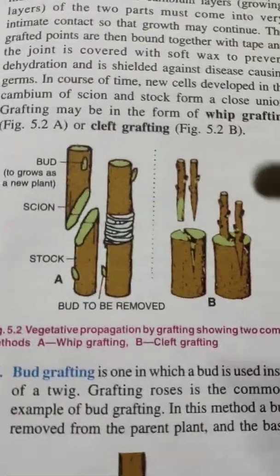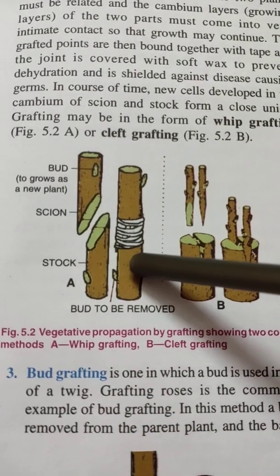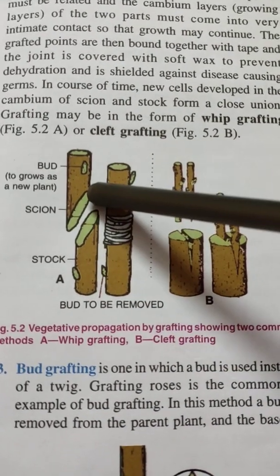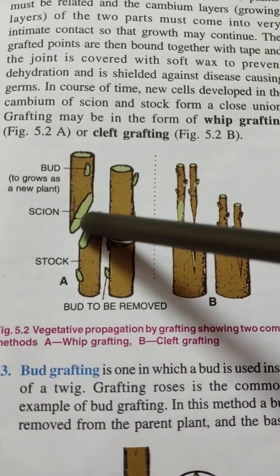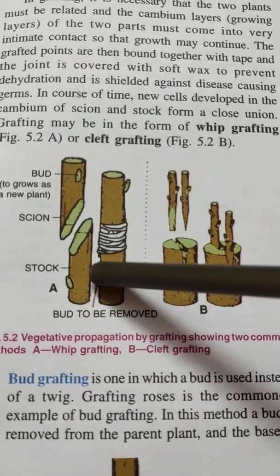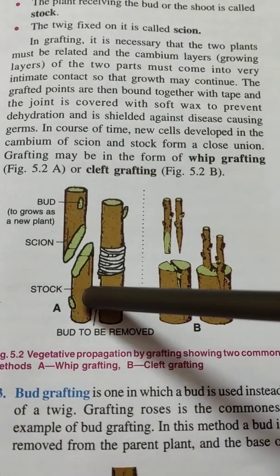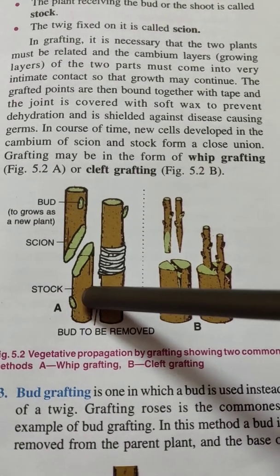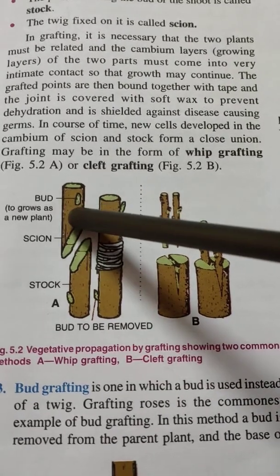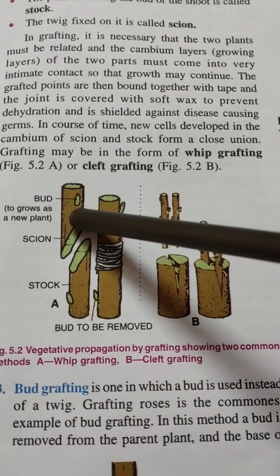Now, you see, number A, this one is the whip grafting. Here, what they have done, they have cut the scion, that is to grow as a new plant, this one, and this is a stalk which was already there. Stalk means the plant which is receiving the new shoot, and this is the part which is coming from other desired variety, right?